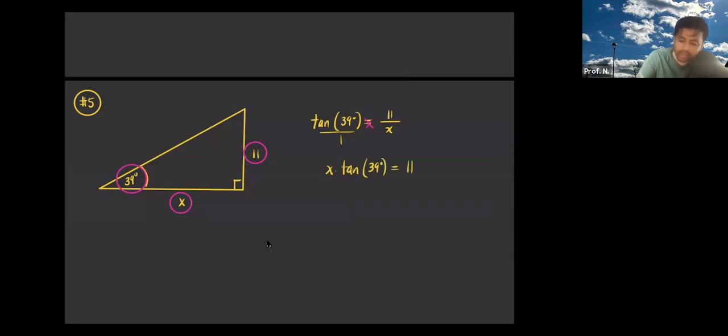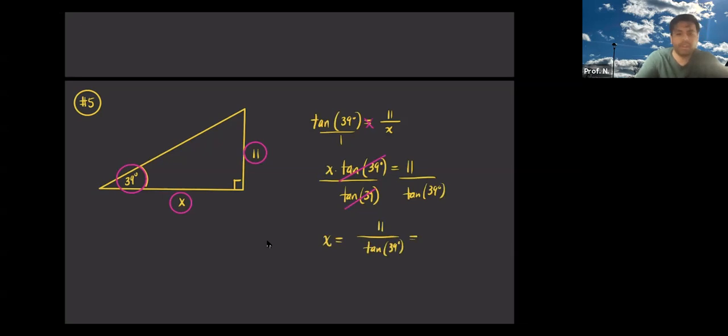I want to get X by itself, so I divide both sides by tangent of 39 degrees. I didn't plug anything into my calculator yet. I just left it as tangent of 39 degrees because that represents a number. Not necessarily sure what it is yet, but I'll find out later. X equals 11 over tangent of 39 degrees.